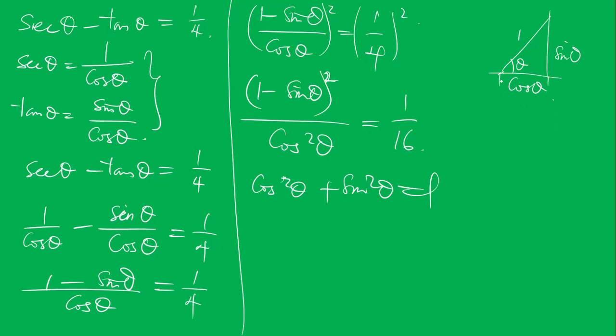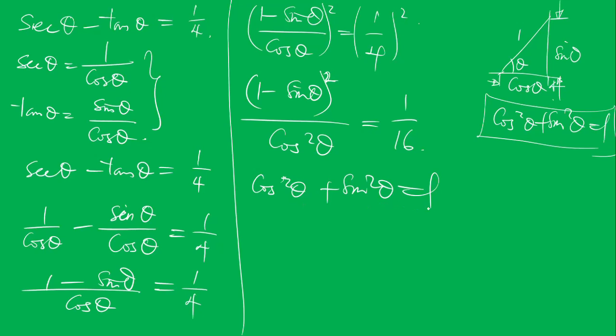This length will be sine theta, opposite. So if you use Pythagoras, you have cos square theta plus sine square theta is equal to 1, because 1 square is still 1.